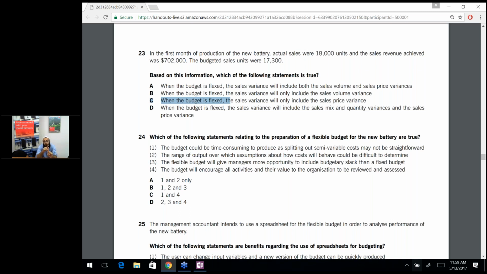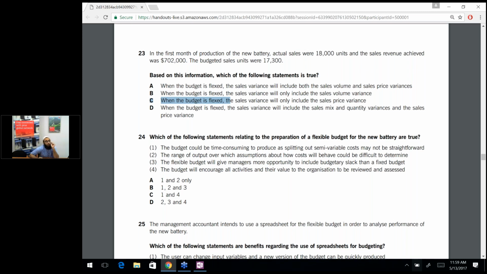If units are of actual, then there is no difference of volume here, because there is no difference between budgeted and actual, because in a flex budget the units are actual. So there is no need for sales volume variance, my friend.